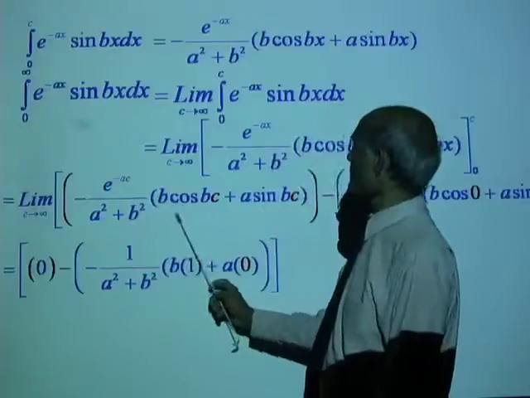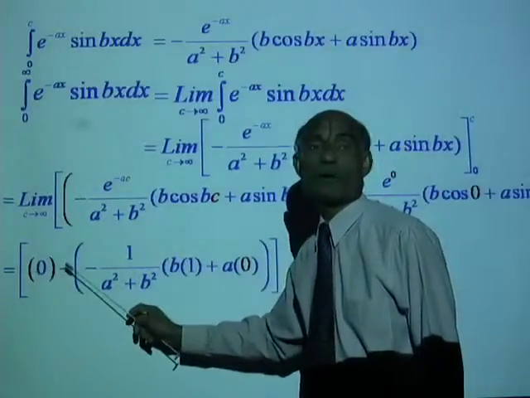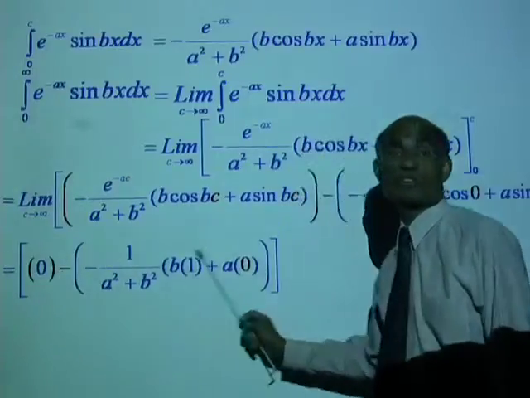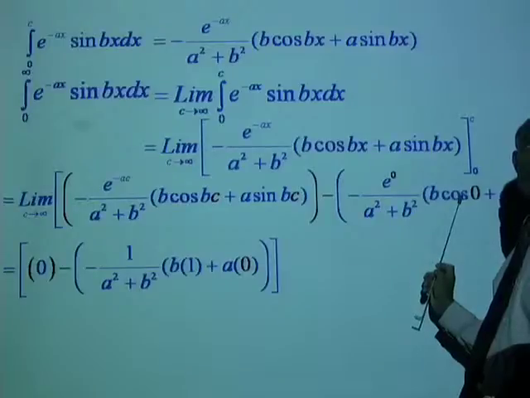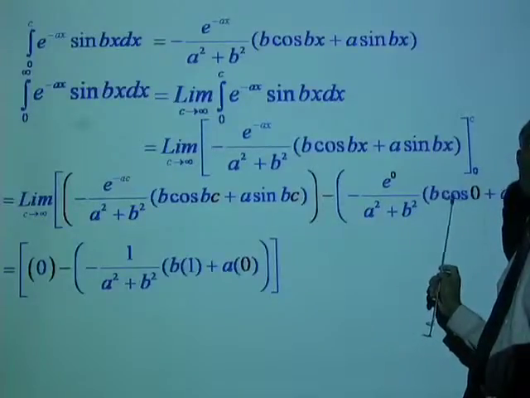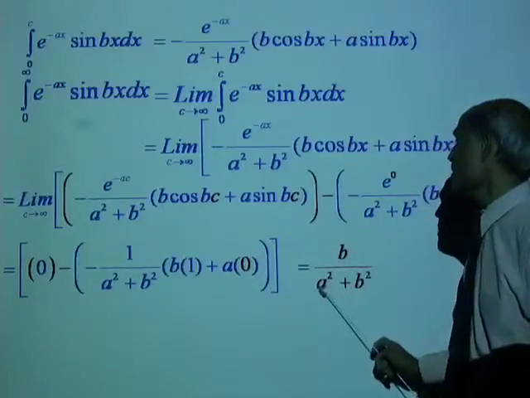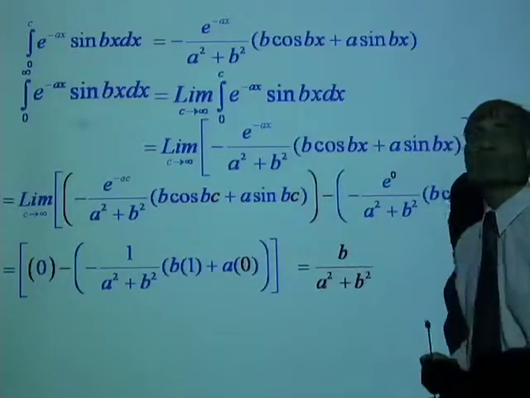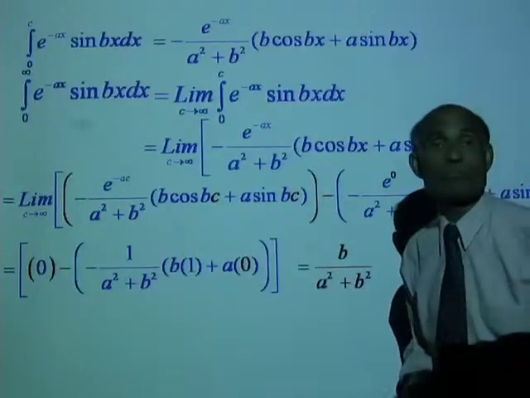So the first parenthesis, the value is 0, that is the upper limit, minus now the lower limit, where this is 1 and this is 1, so this will be b plus 0, and that gives you b over a squared plus b squared, the value of that improper integral.